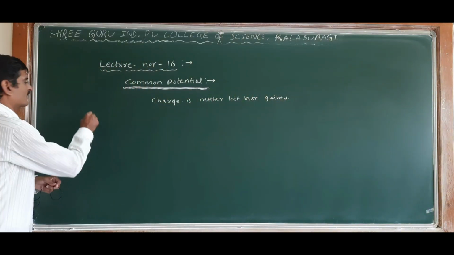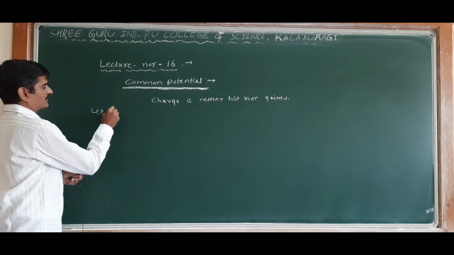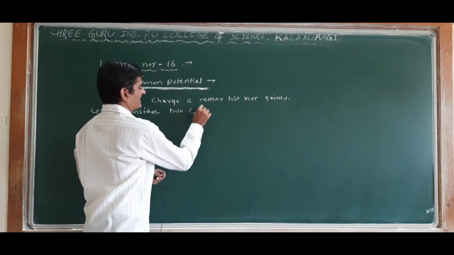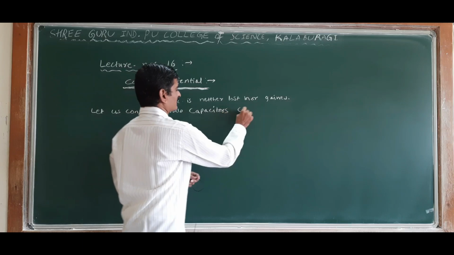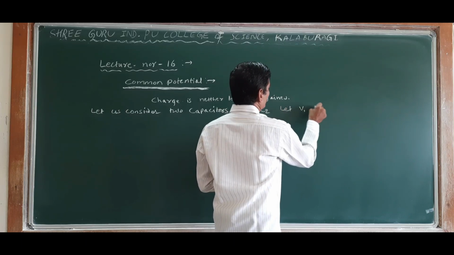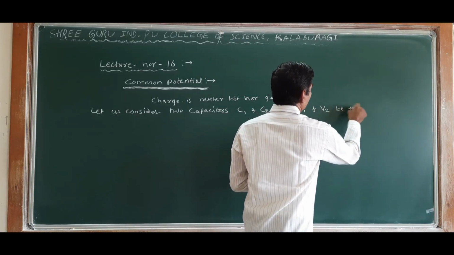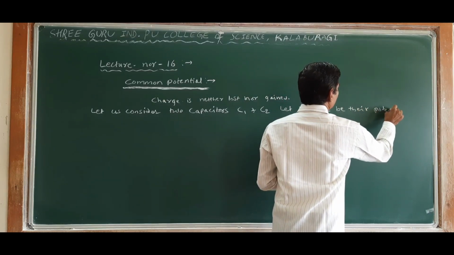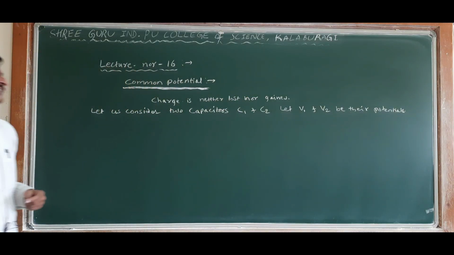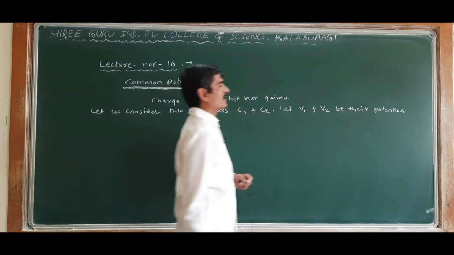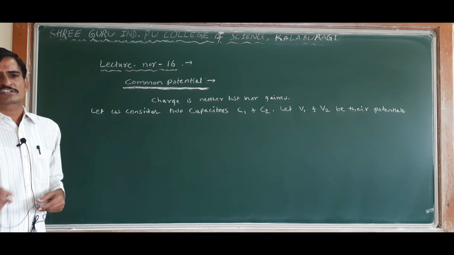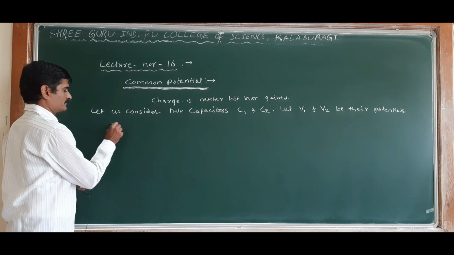So now let us consider two capacitors of capacitance C1 and C2. Let V1 and V2 be their potentials.